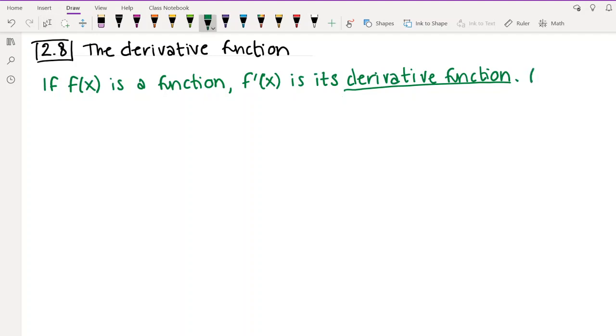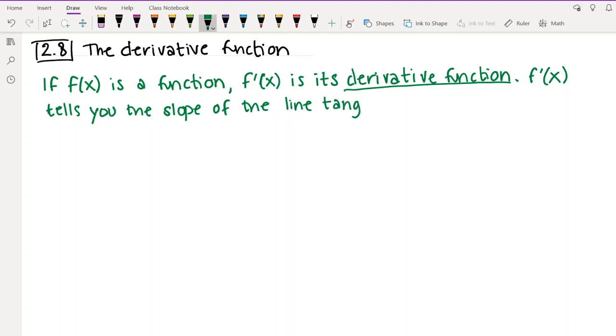So f prime of x tells you the slope of the line tangent to f of x. And as I said, another way of thinking about that is the instantaneous rate of change.